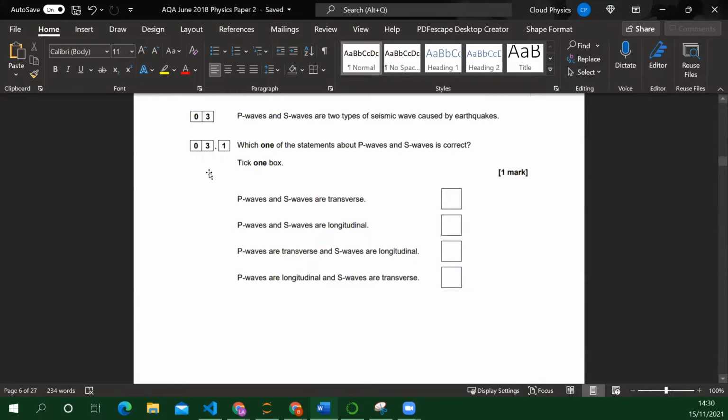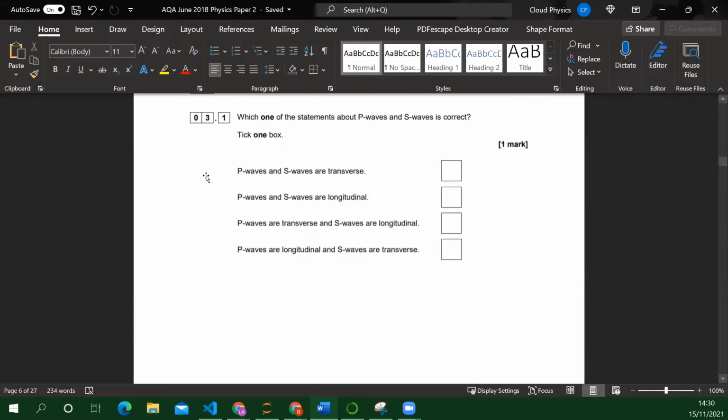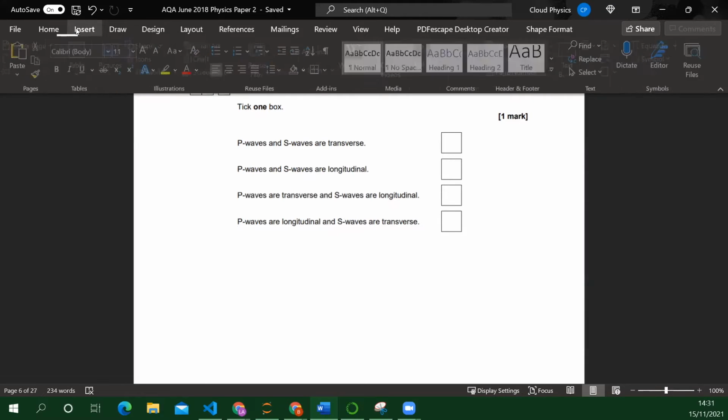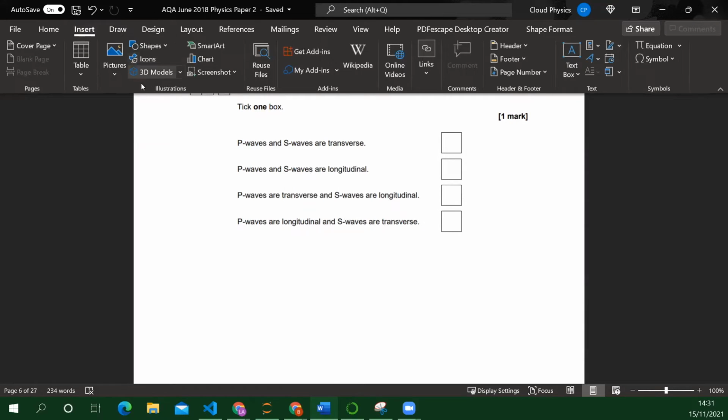No. P waves longitudinal, S waves transverse. So P waves, also known as pressure waves, are longitudinal, so they move back and forth, whereas S waves, or secondary or shear waves, are transverse. Remember, the S is like a sine wave; it goes up and down.